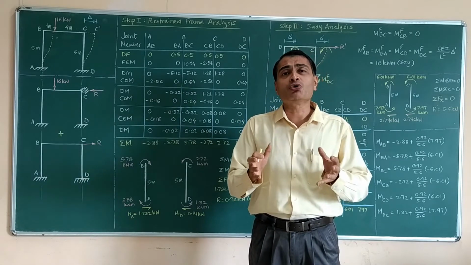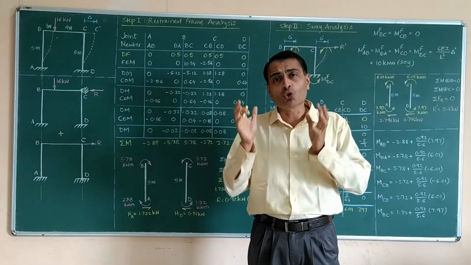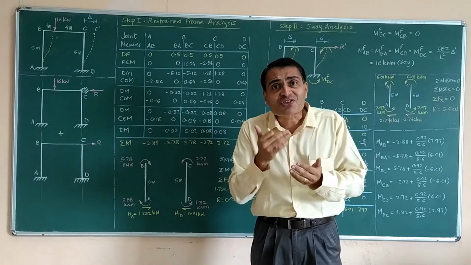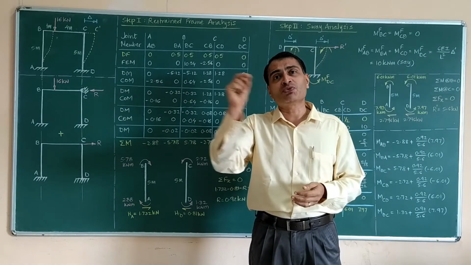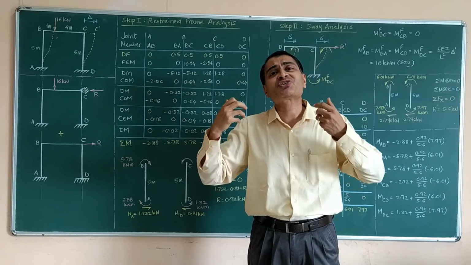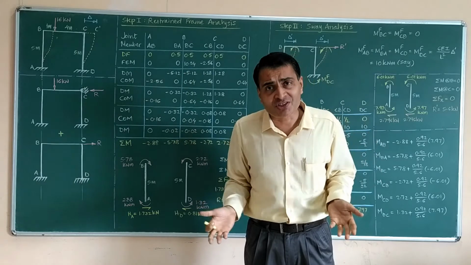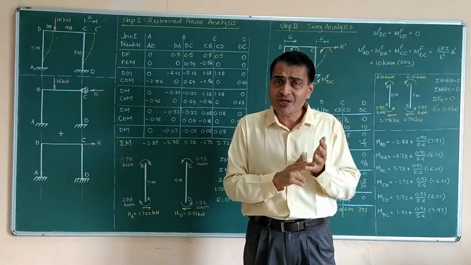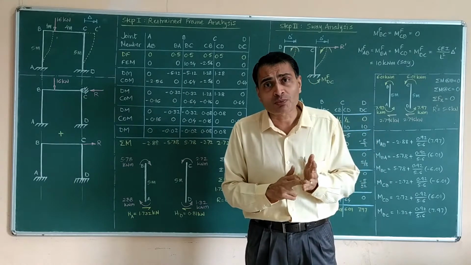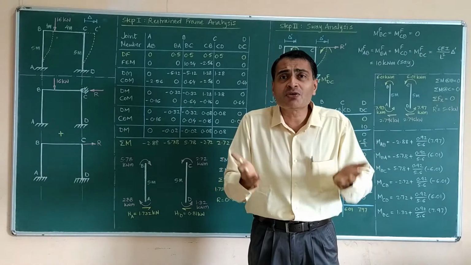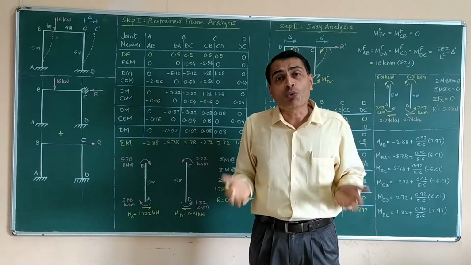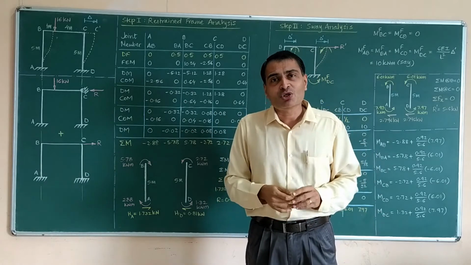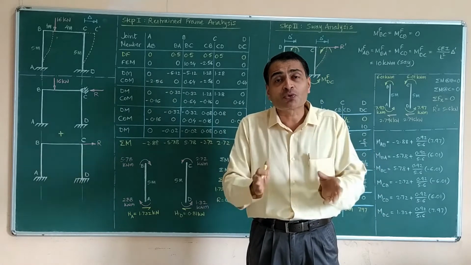We simply found fixed end moments due to loads, then fixed end moments due to sinking, and in the table of fixed end moments we just added both the effects, that is due to loads and due to sinking of support. So some of you may naturally feel, what is the difference in sinking and sway? Why can't we do it like that? So I would like to point out the difference.